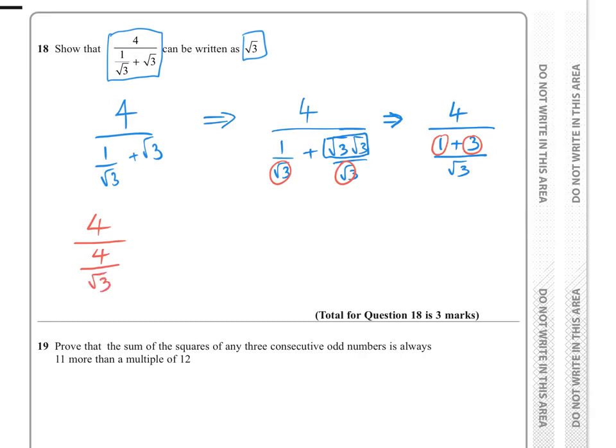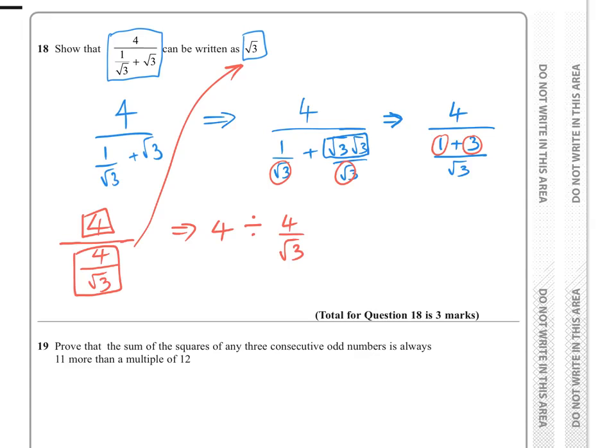Now, that looks a bit strange, and it doesn't look very much like this just yet, but it will do, trust me. So if we look here, let's make this line a little longer. So this is the same as 4 divided by 4 over root 3.